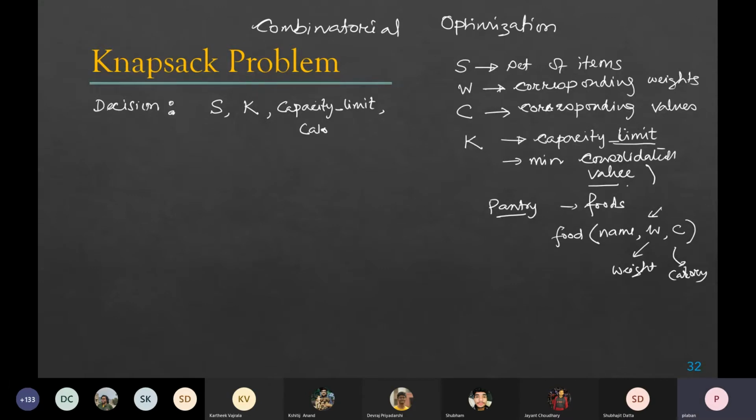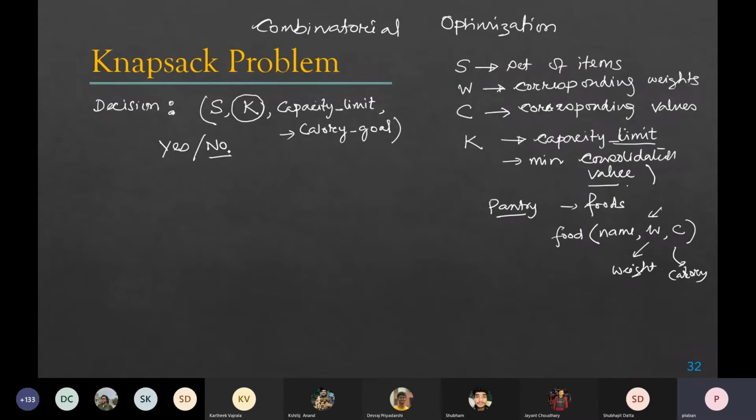So how much calorie at minimum you want to pack, right? Given this, it can output yes or no. Yes means that the given configuration satisfies this calorie goal but does not cross this capacity limit. But if the reverse happens, then the output will be no.